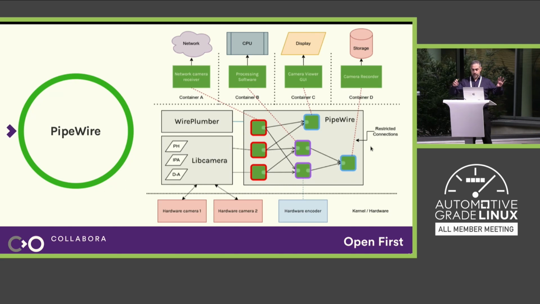That gives you some sort of security to the system. So a malicious application that somehow ended up being the recorder application, for example, cannot consume directly output from, let's say, these cameras, because maybe we have a policy that restricts it to consuming output from these nodes, and then it won't be able to do anything else.